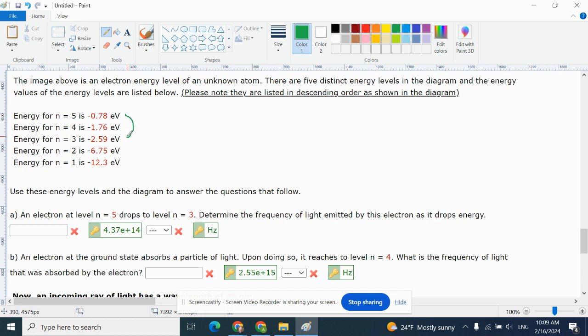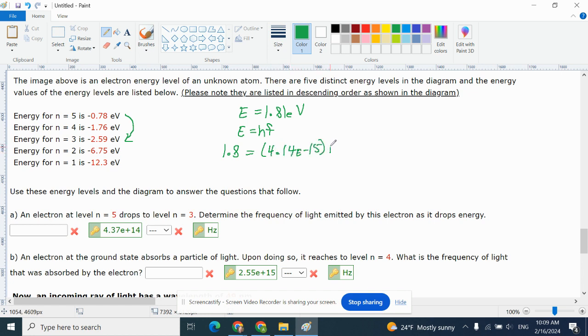So if I drop from 5 to 3, that is going to be an energy of 1.81 eV. The electron lost 1.81, so the light ray gained 1.81. E equals HF, so we'll go 1.81 equals 4.14.